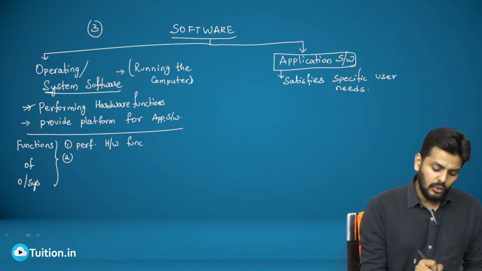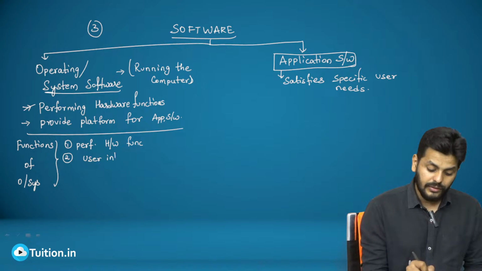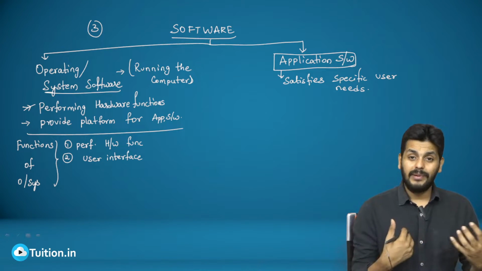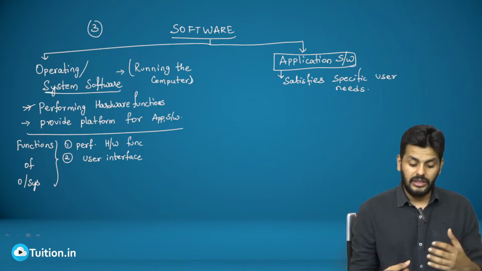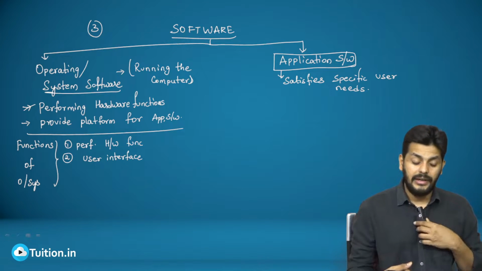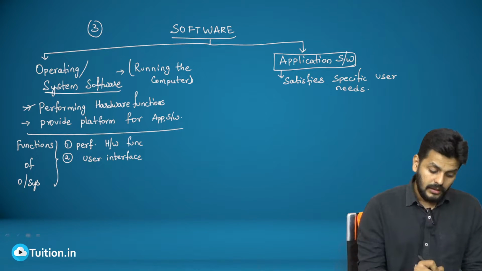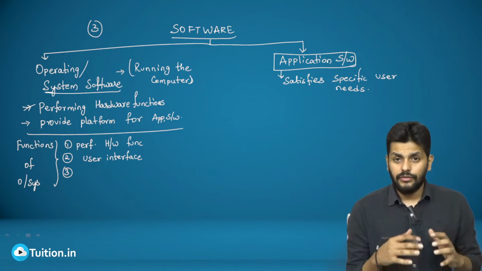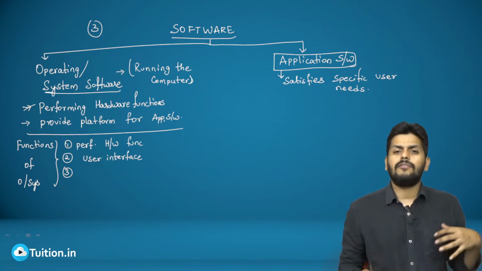Then point number 2 is that it provides a user interface between user and the system. Otherwise, simply you can't let both of them talk. This is the ultimate part of it, user interface. Then the best thing about operating system is, once an operating system is written, it can work on any hardware.